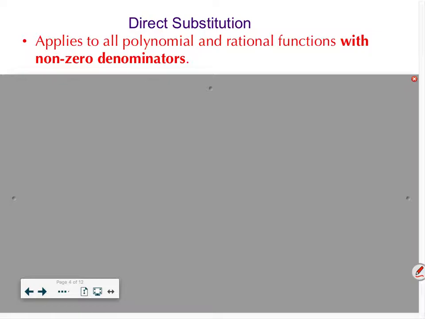That's going to be our first warning sign. If we get a 0 in the denominator, then we either have a hole or an asymptote, and that's like a red flag for us. So as long as you can plug in values and you don't get a 0 in the denominator, then you can use direct substitution. Plug x in for the function. Boom, there's your limit.